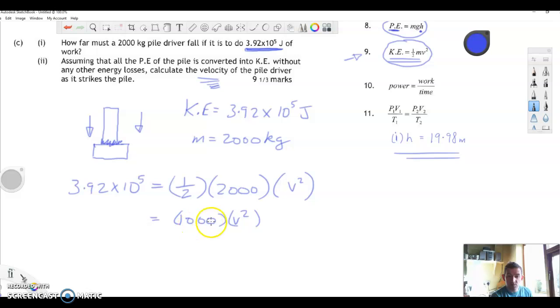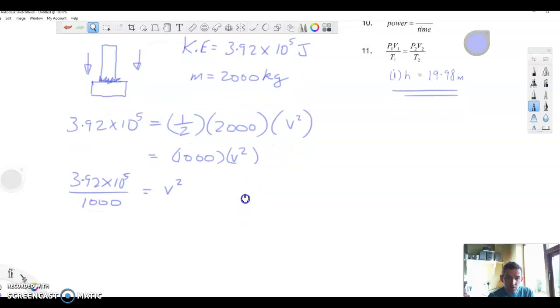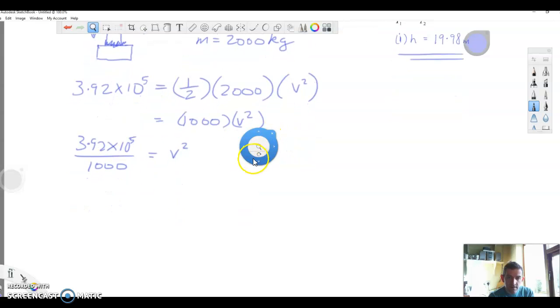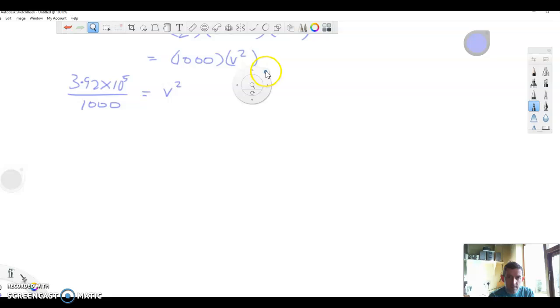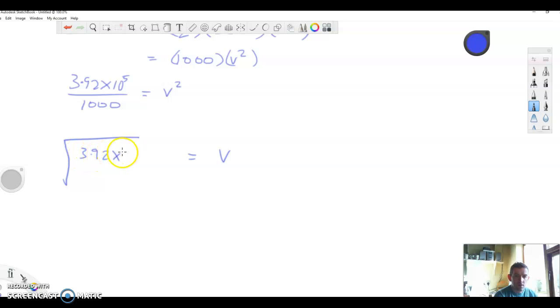Now we can divide both sides by 1,000 and we end up with 3.92 by 10 to the 5 divided by 1,000 equals v squared. To dig out v, we get the square root of both sides. V equals the square root of 3.92 by 10 to the power of 5 all over 1,000.